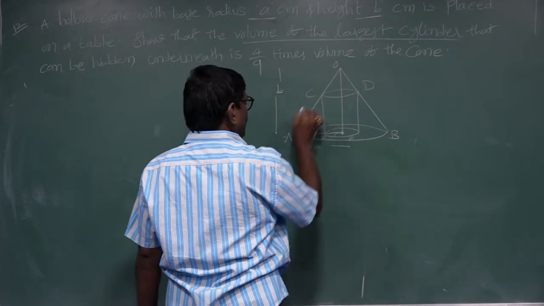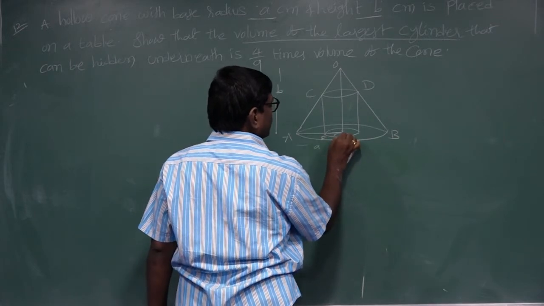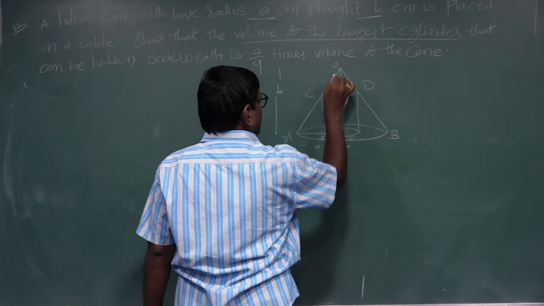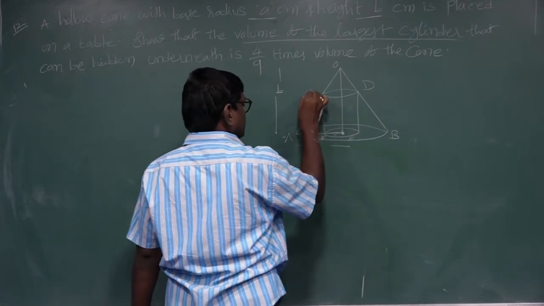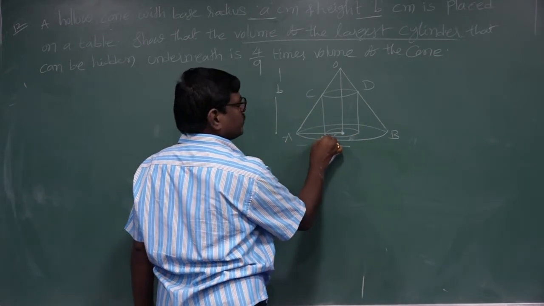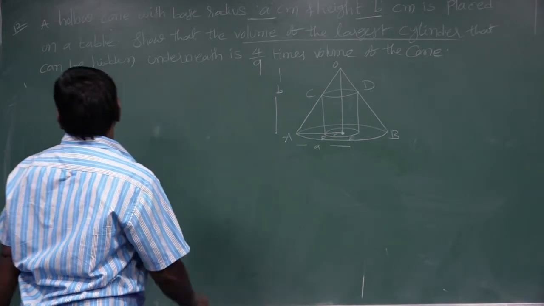Next, these two triangles: OAE is one triangle, another triangle is CAF.